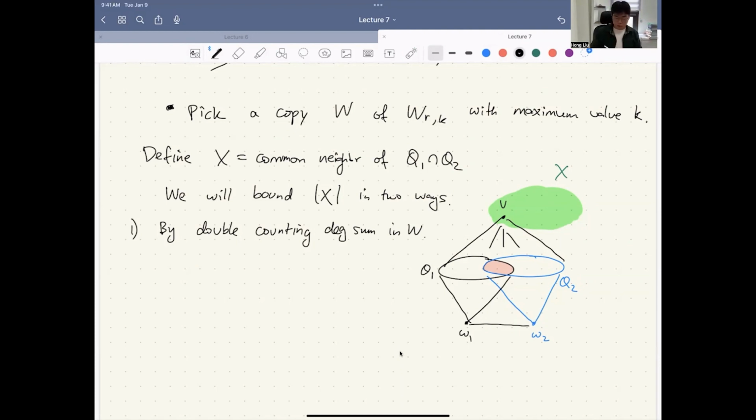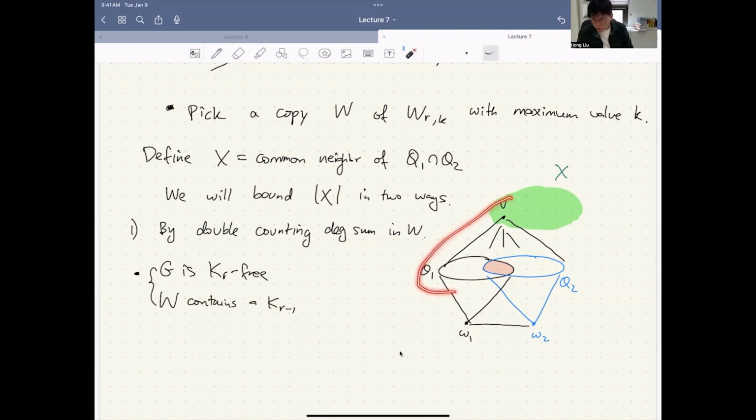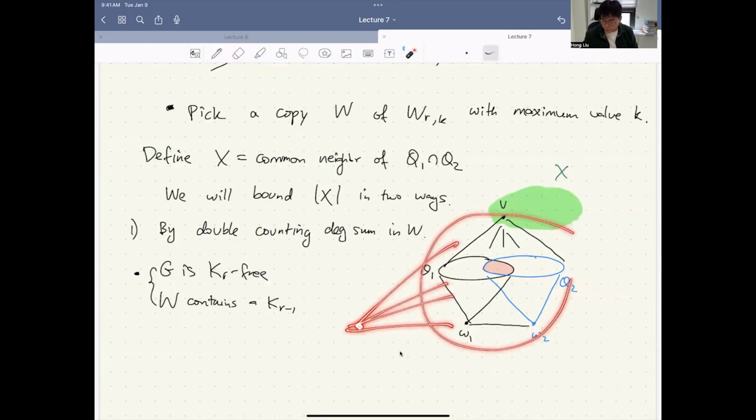Here's an easy bound. G is KR free, and W contains K r minus 1. For example, this is a K r minus 1. This is also a K r minus 1. It has plenty of K r minus 1. So that means we cannot have a vertex completely joined to W. If it's completely joined to W, you will get a KR.